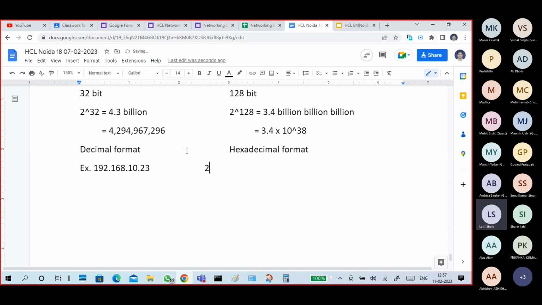In IPv6, we can represent it in different ways. Just for our understanding only, I'm giving it, guys, not exactly the same way.